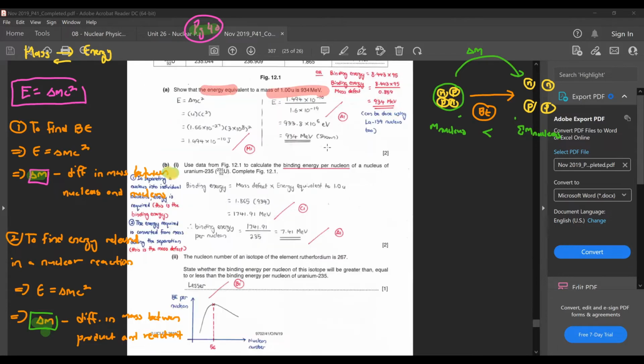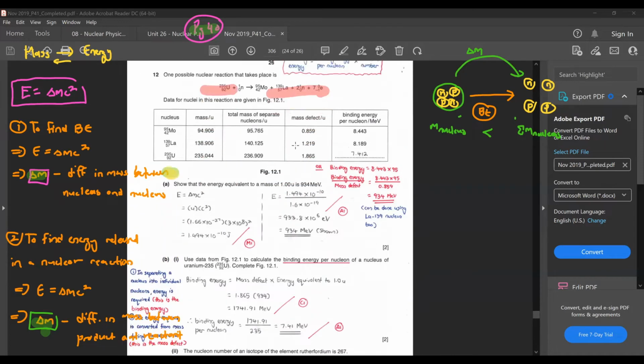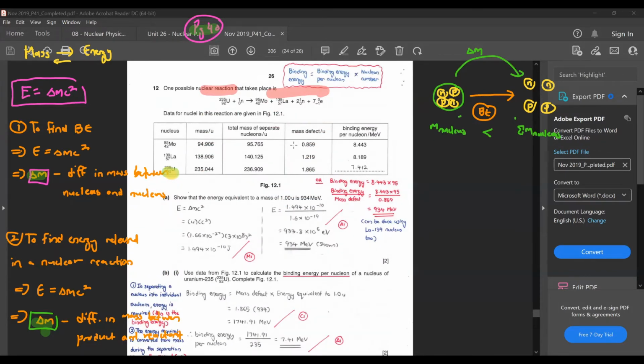Now, when you talk about the nuclear reaction, they're actually talking about this nuclear reaction here, this one changing to this one.